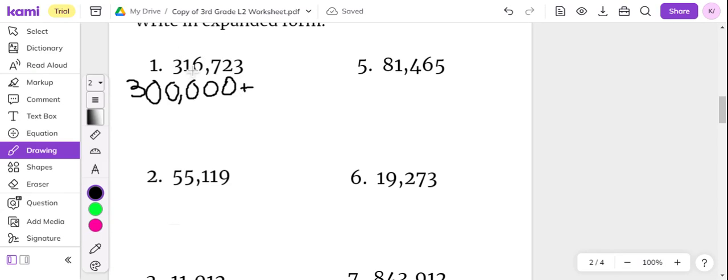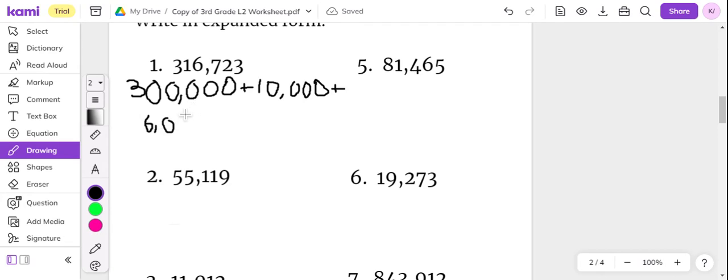and then we move to the 10,000s place, which is a 1, so we write 10,000. Like that. And then when we move to the thousands place, we have a 6, so we will write 6,000.